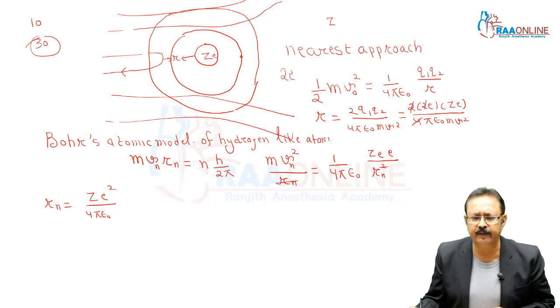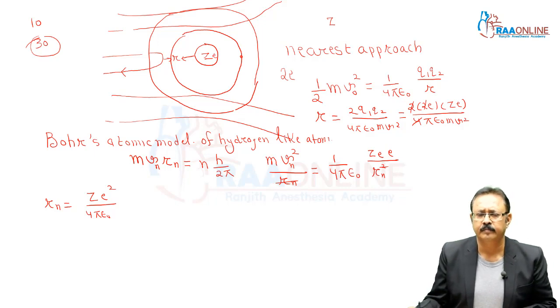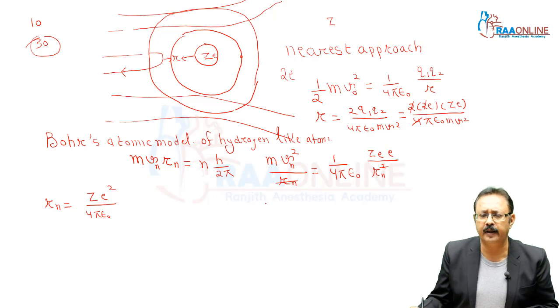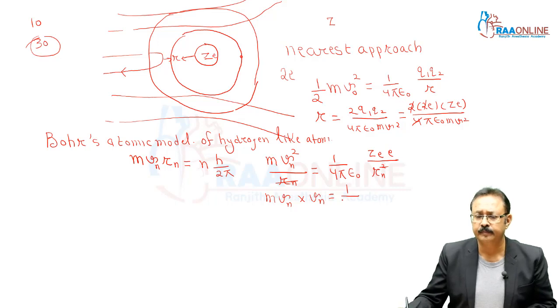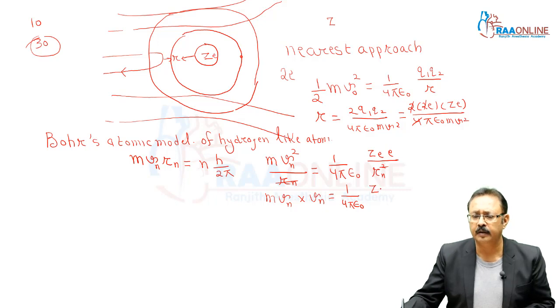Or we can save our time. We write this mvn into vn, which is 1 upon 4 pi epsilon naught, Ze square by Rn.